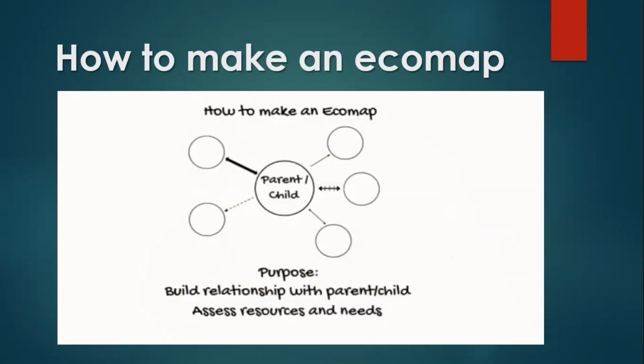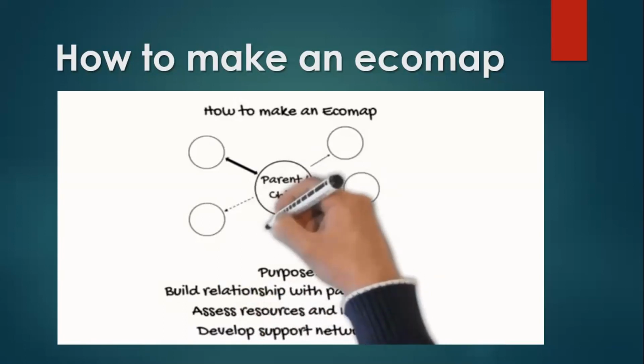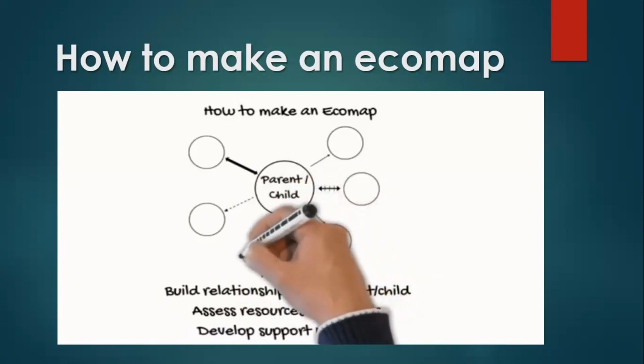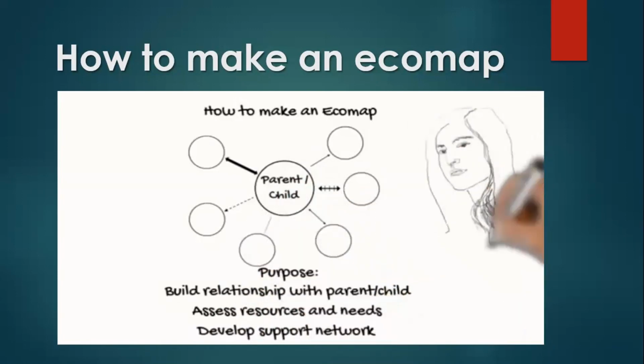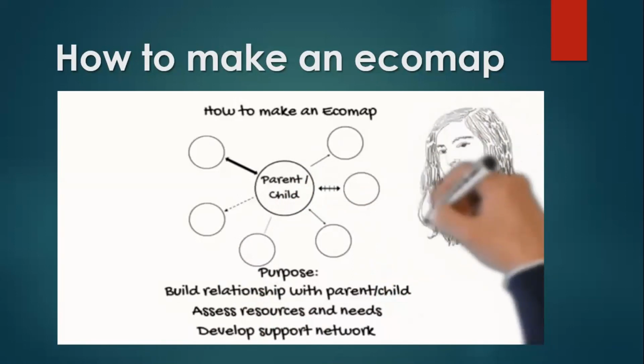It helps the parents and children to understand the various systems with which they interact, and it gives us the opportunity to encourage them to build upon their network if necessary. For example, we will make an eco map for Michelle, the author's daughter, a healthy 17-year-old teenager. But before we start with the example, let's explore what resources people usually have.